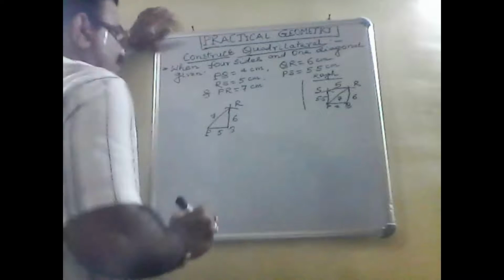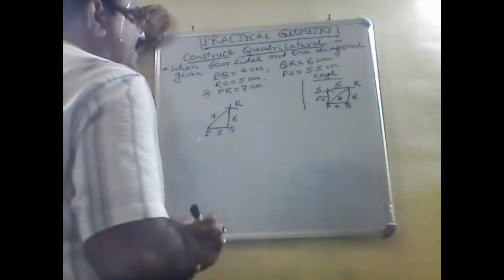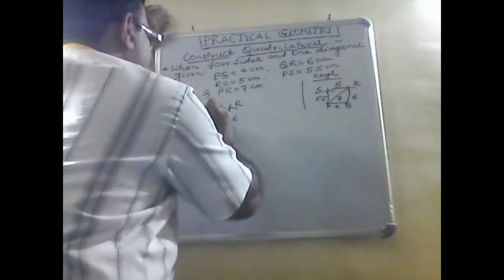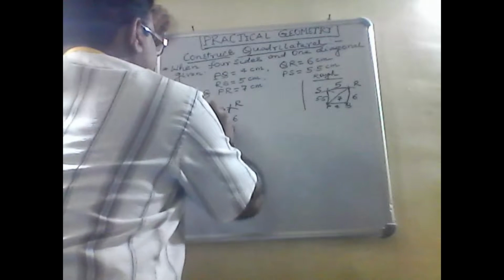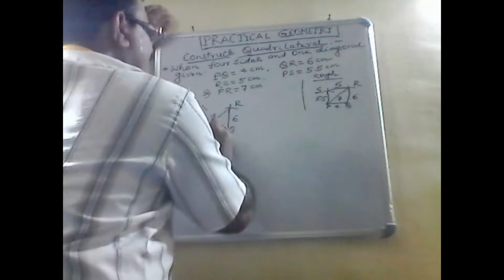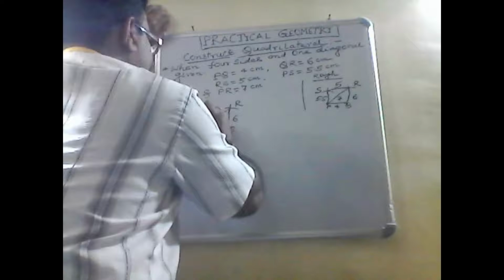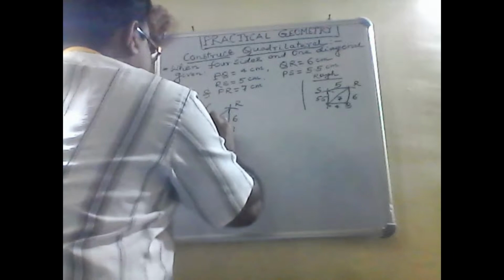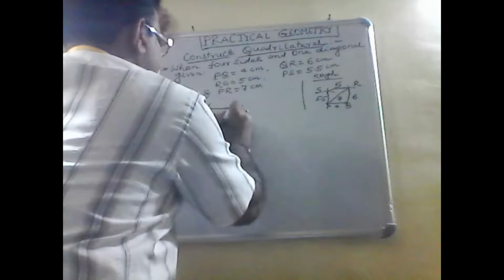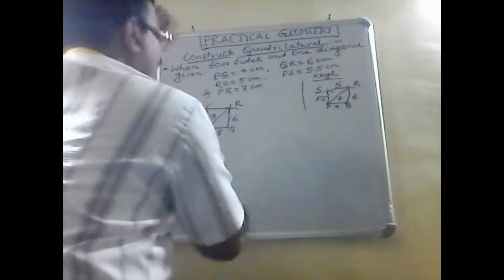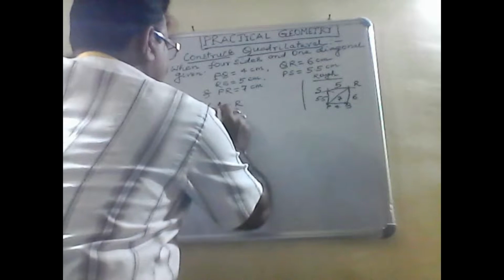Again what you will do, from R you take one arc from the ruler and its measurement will be 5 cm, and from P take one arc whose measurement will be 5.5 cm, that will intersect each other. So that will be 5.5 and it will be 5.